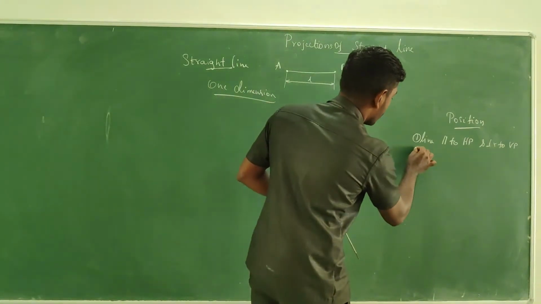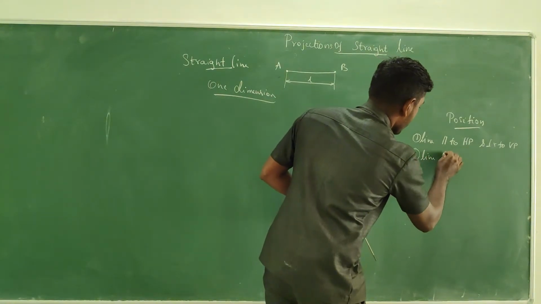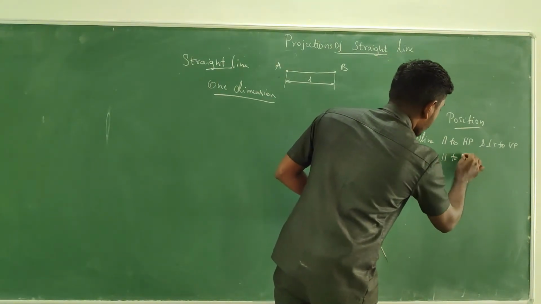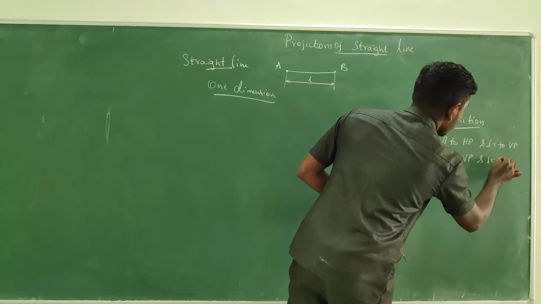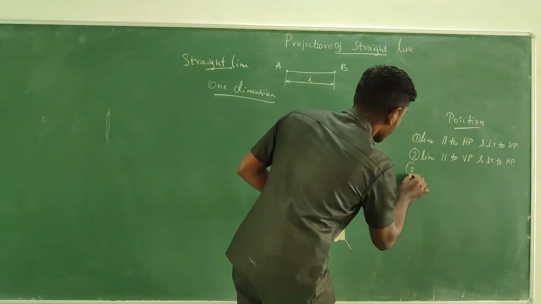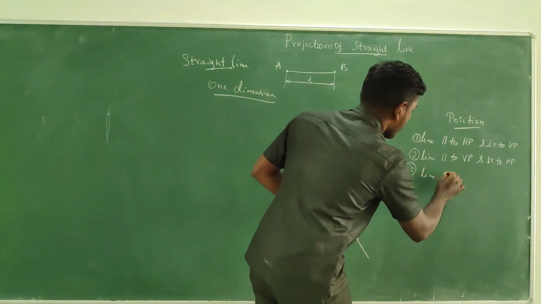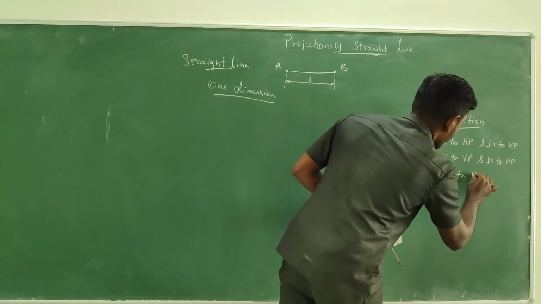The second position in space is line parallel to VP and perpendicular to HP. The third one is line parallel to both HP and VP.